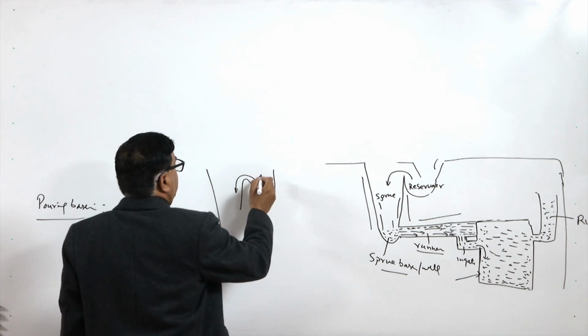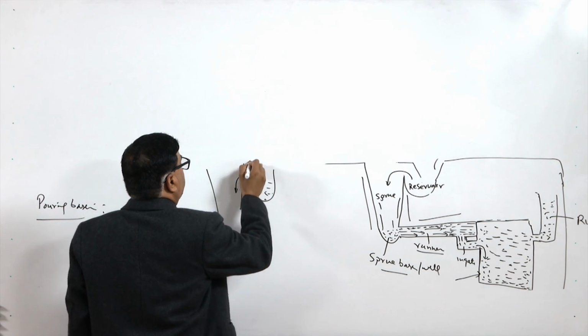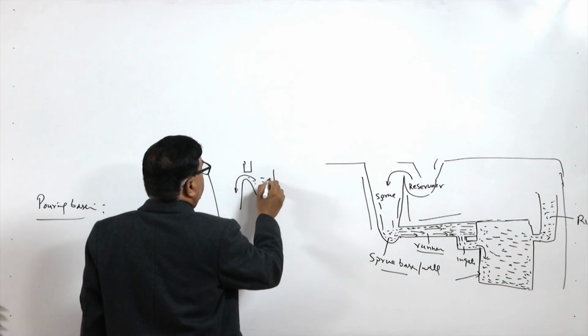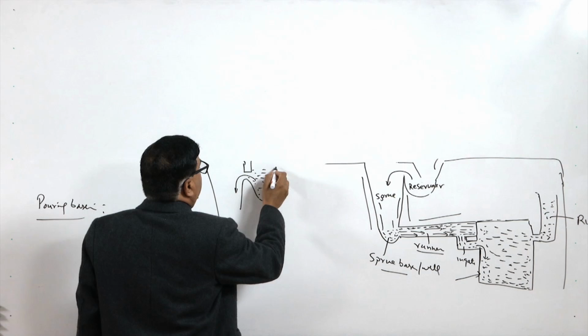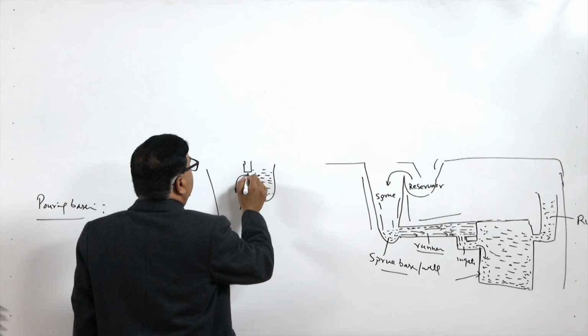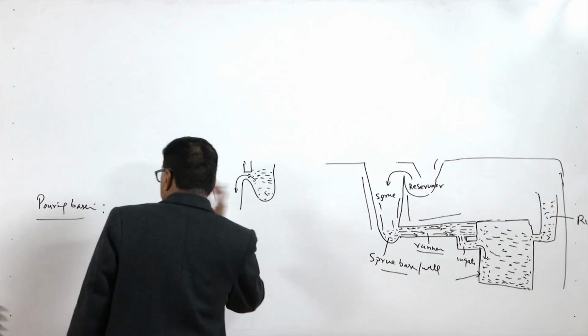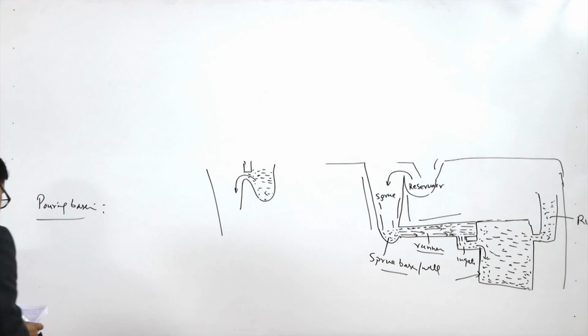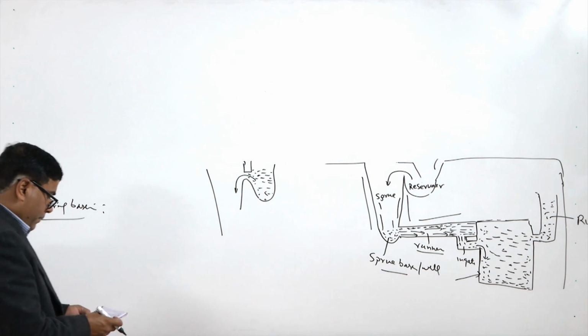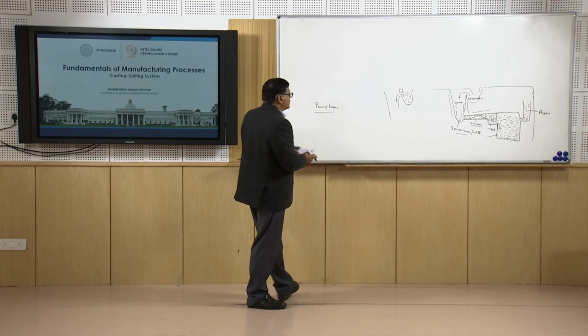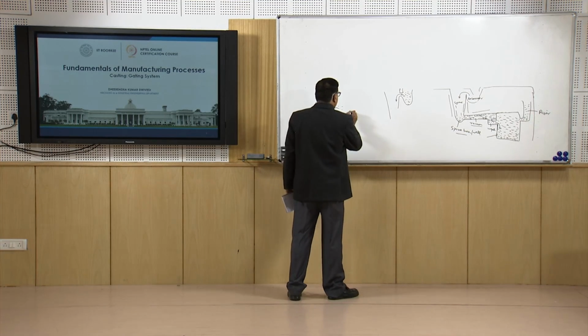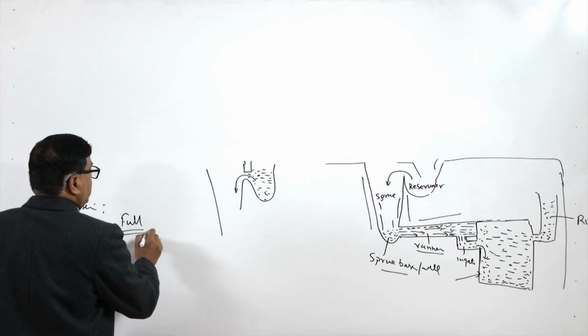In another design, we put some obstructions so that when the pouring basin is filled, it filters the dross and the impurities, thereby feeding cleaner molten metal into the mold cavity. For this purpose, it should be full of the molten metal.